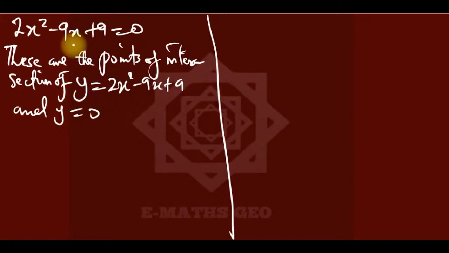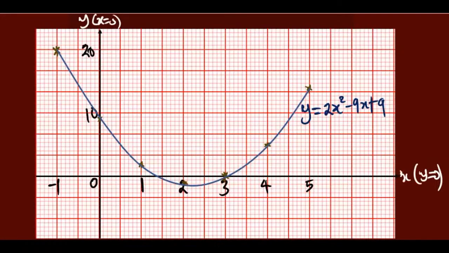The first one at the left hand side, while the second one on the right hand side. That is y equal to 0, which is the x-axis. So go to the x-axis and see the points. So we see this 3 is part of it.